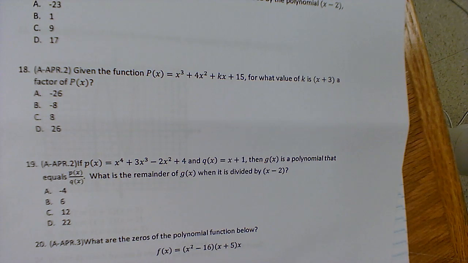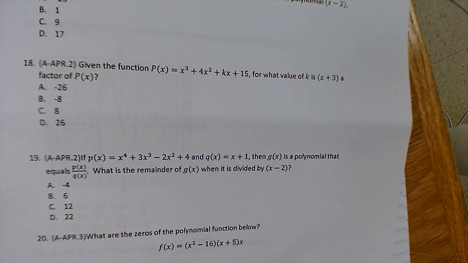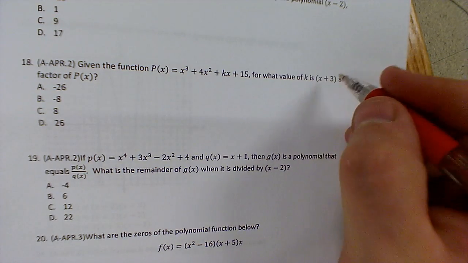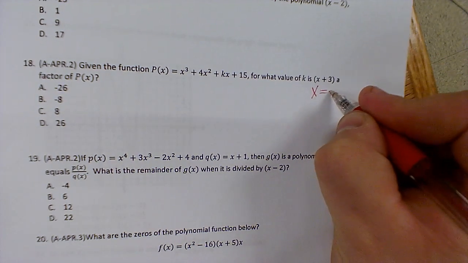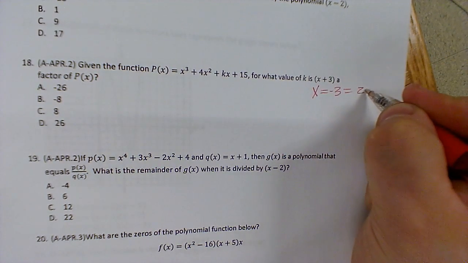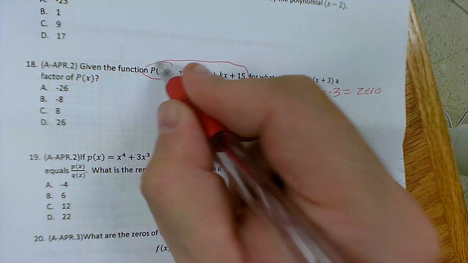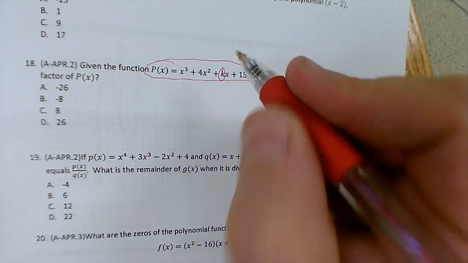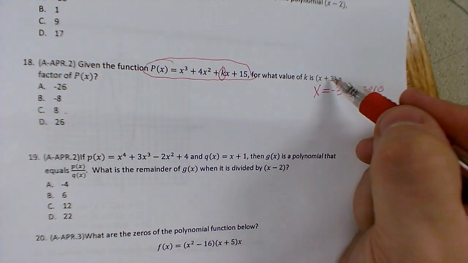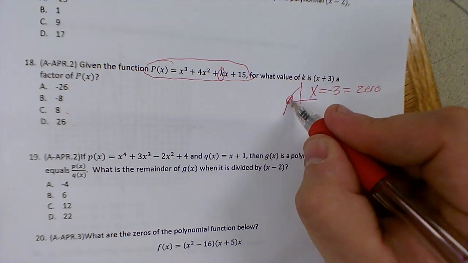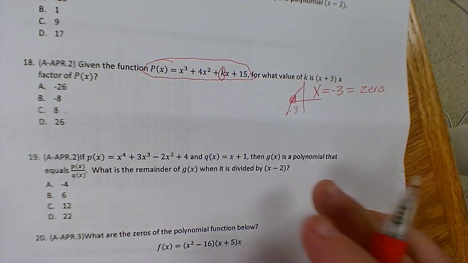So, once again, the first way we could do this is synthetic division, but I don't want to necessarily do that because I want to do as least amount of work as possible. But if x plus 3 is a factor, then x equals -3 would equal a 0 of the function.